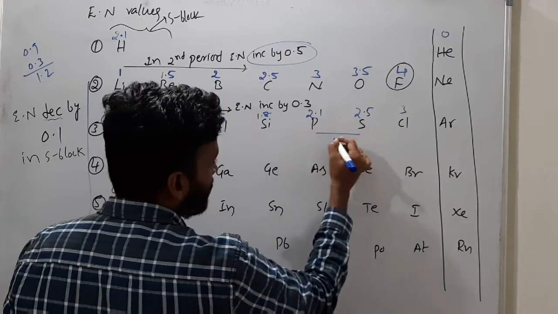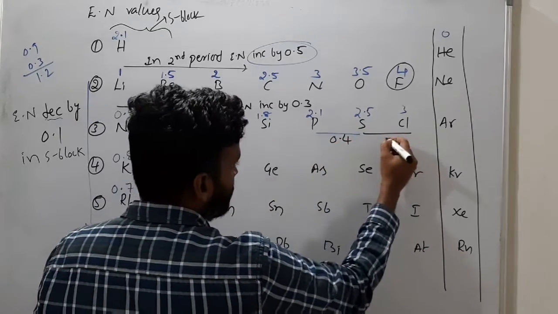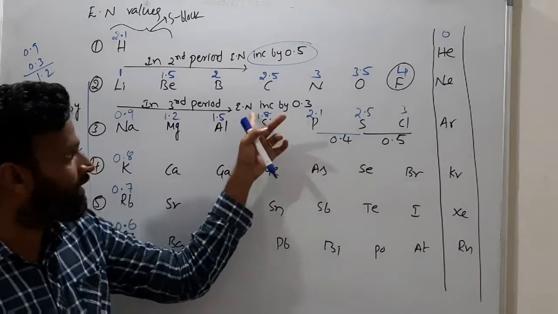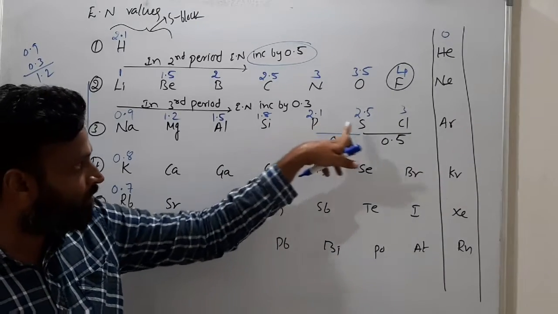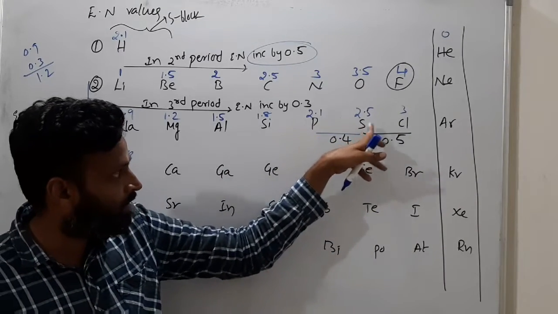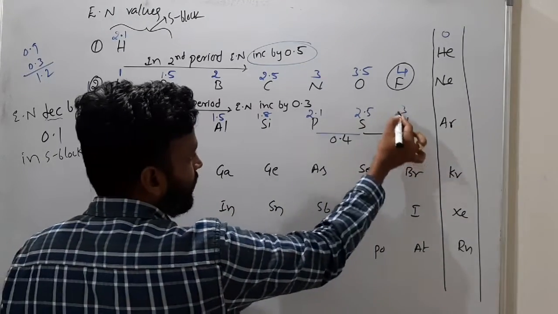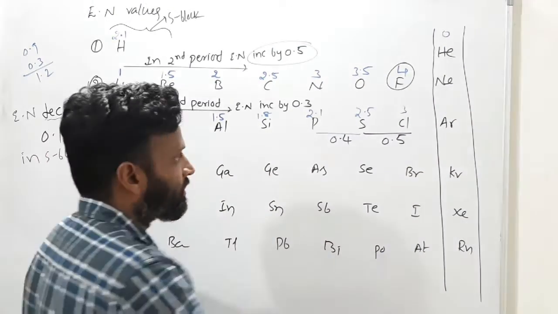But from here to here the difference will be 0.4 and here to here the difference is 0.5. Okay, so up to phosphorus you will increase by 0.3 itself, but phosphorus to sulfur 0.4 and sulfur to chlorine 0.5. See, you observed or not, nitrogen and chlorine almost have same electronegativity value, but slightly more.